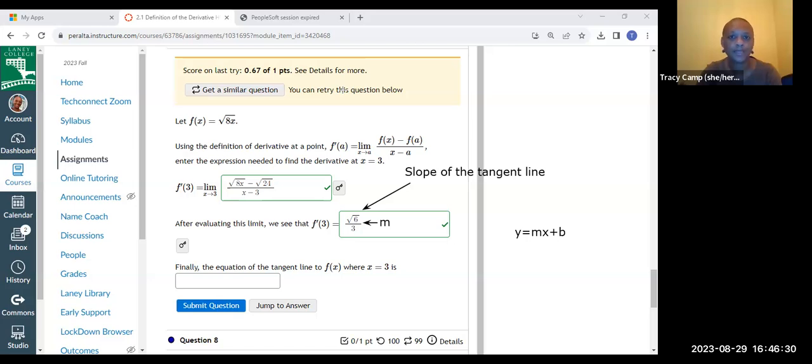So let's go to our curve, and notice that our curve is f of x equals root 8x. In order to find a point on our curve, use the number that they give us, because they're asking us to find the equation where x is equal to 3. So we're going to plug in 3 for x to find a y value.